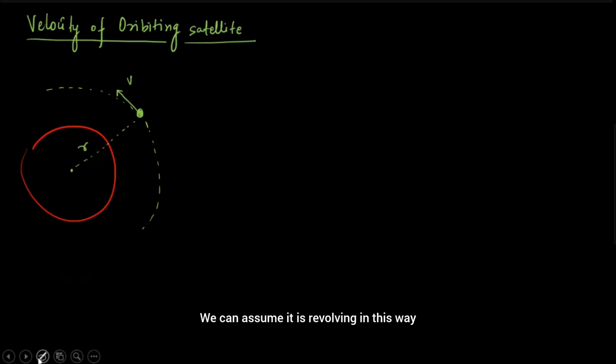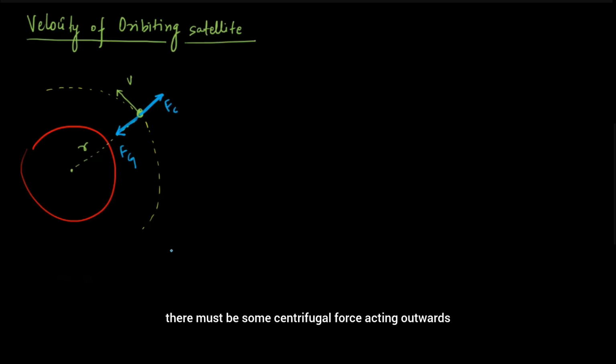You can assume it is revolving in this way. Let us try to understand what forces are acting here. One force acting on the satellite due to the mass of Earth is the gravitational force. Apart from this, as it is going in a circular motion, there must be some centrifugal force acting outwards.